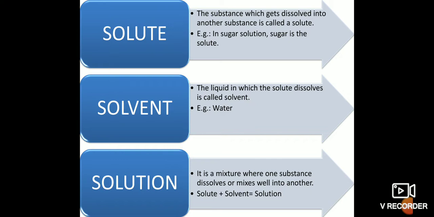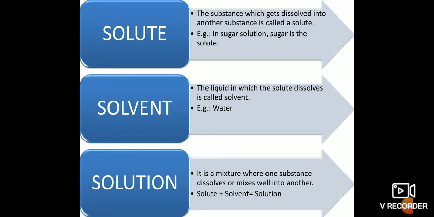The substance which gets dissolved into another substance is called a solute. Example, in sugar solution, sugar is a solute. I'll explain you more elaborately. Whenever you take a glass of water and add sugar to it, the sugar which we are adding with our hand, in small quantity, is called a solute.